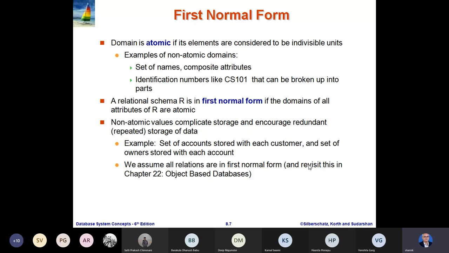And first normal form means that we should not have something like, say, data stored with comma-like strings. So let me give you an example. If you remember, we had this notion of multi-valued attributes.